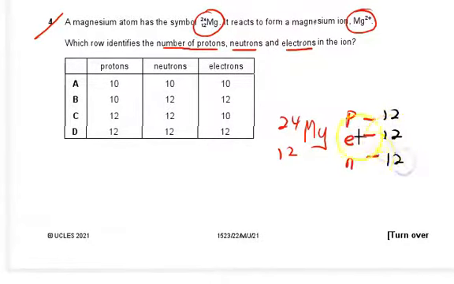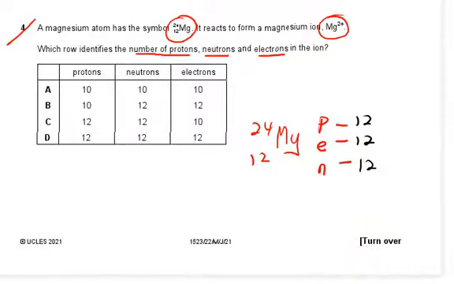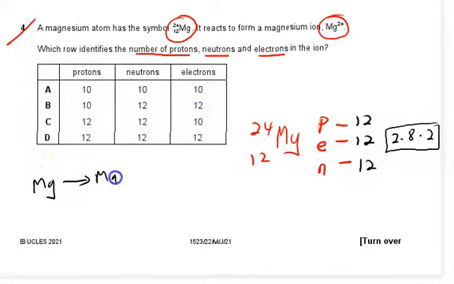Alright, now let us discuss the electron arrangement for the magnesium atom. Here you have 2.8.2, this is the arrangement. So what happens when forming the ion? You will be donating 2 electrons, correct?